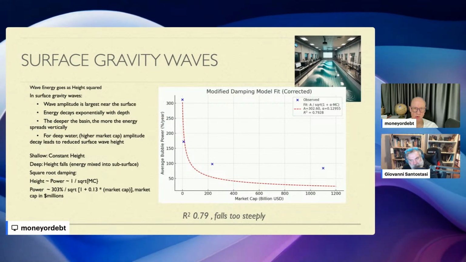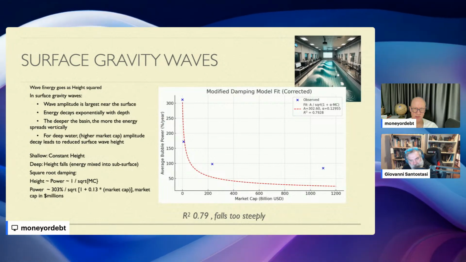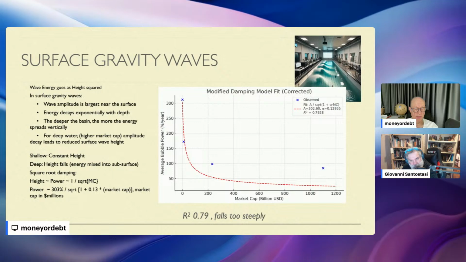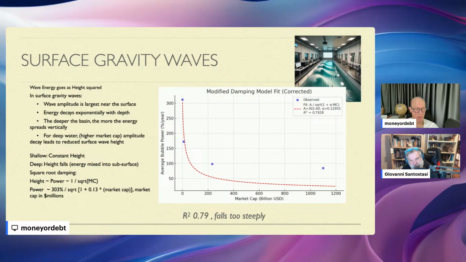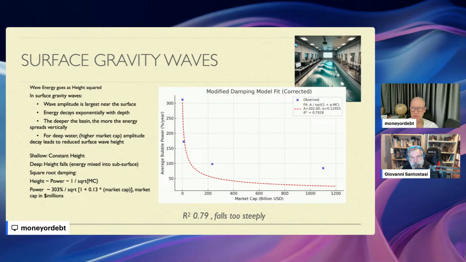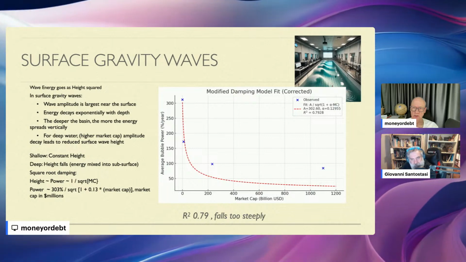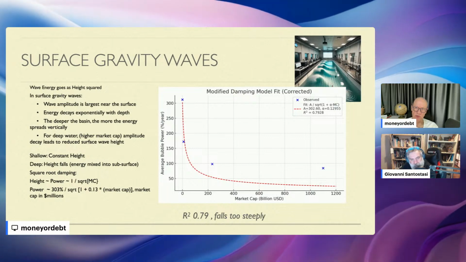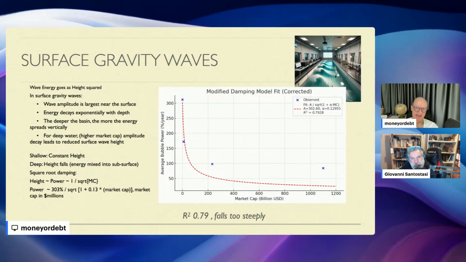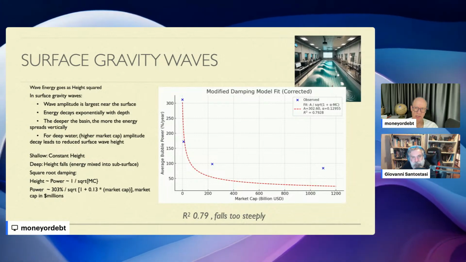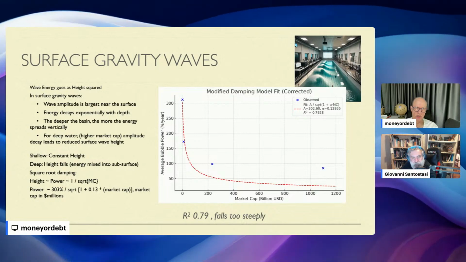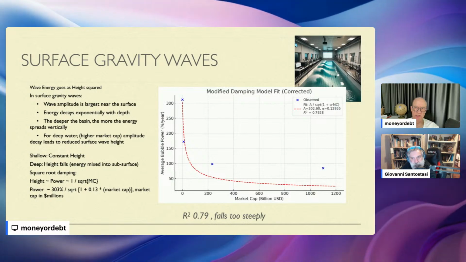And I've shown before how the bubble power fits with 1 over time. But in this case, it's not time on the x-axis, it's market cap. So in surface gravity waves, the wave amplitude's largest near the surface, the energy decays exponentially with depth. And the deeper the basin, the more the energy will spread down into the depth of the basin.